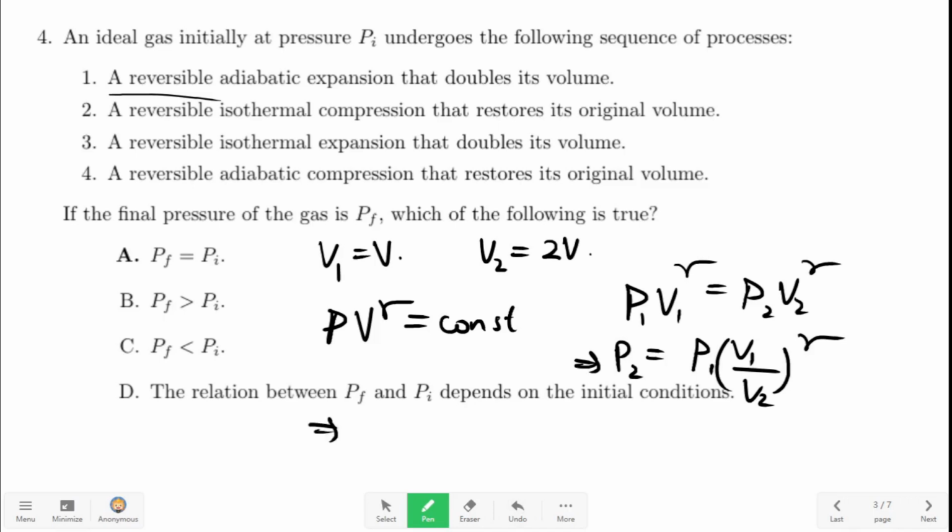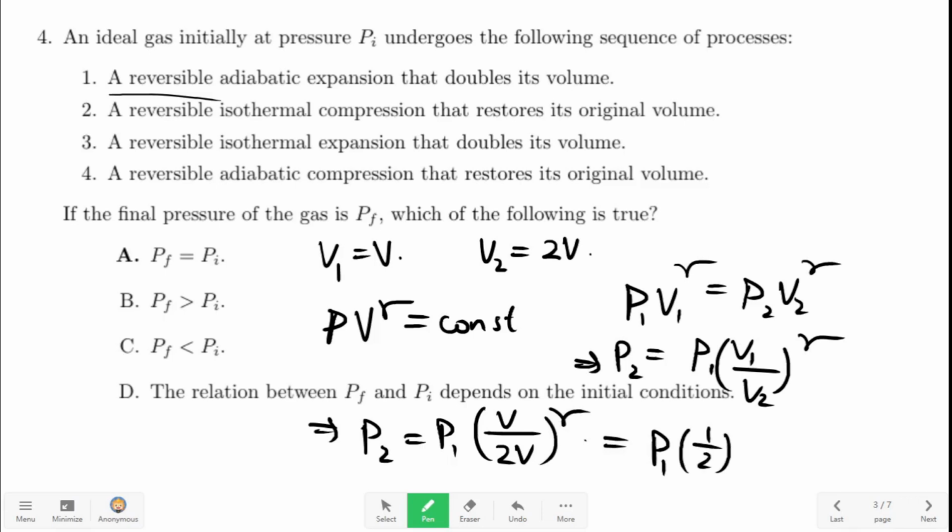This implies P2 is equal to P1 times, V1 is V and V2 is 2V, so (1 by 2) raised to gamma. So this is the pressure after the first process. Now let's go to the second process.